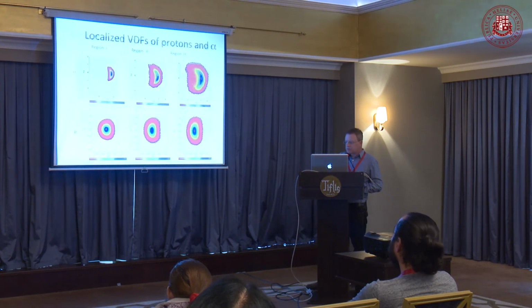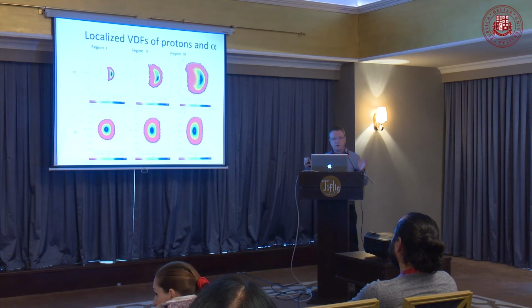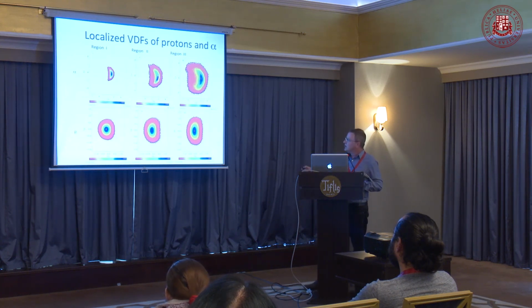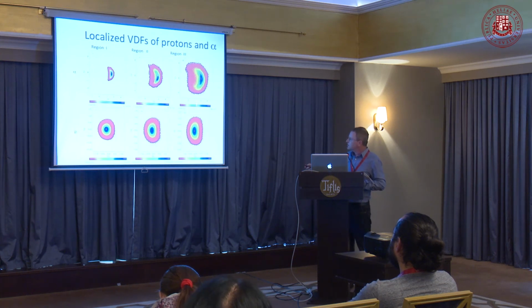Now, the interesting thing is that in this model we can also look at the velocity distribution functions of various parts of the simulation. Typically these simulations are homogeneous in blocks, but now we have different regions, so we can see the differences. In region 1, which is the low shear region, and this is the high shear, and this is the high velocity region.